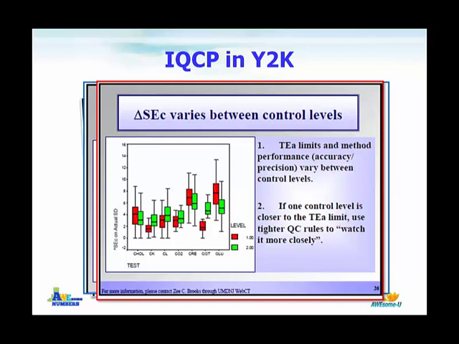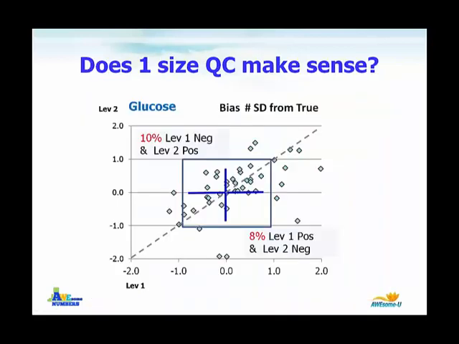If you're choosing QC rules based on critical systematic error, and it's different from time to time and test to test and control to control, I can't see how it makes sense to even think you could use the same QC rule for everything.